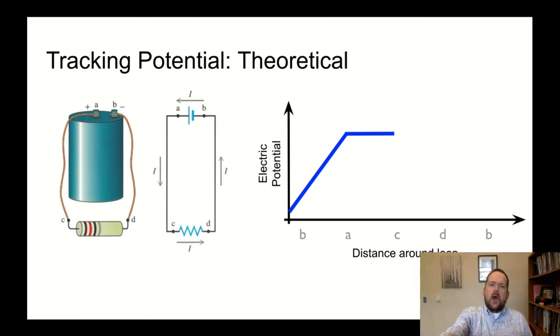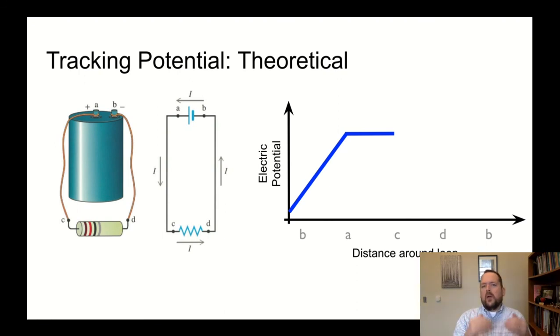I hit my resistor, and so I go through that resistor, and in that motion, those charges have to fight their way through that resistor, if you will. They transfer some amount of their energy to that resistor. If you were to actually feel that resistor, it's going to be warm, or if that resistor were a light bulb, it's going to be warm and glowing.